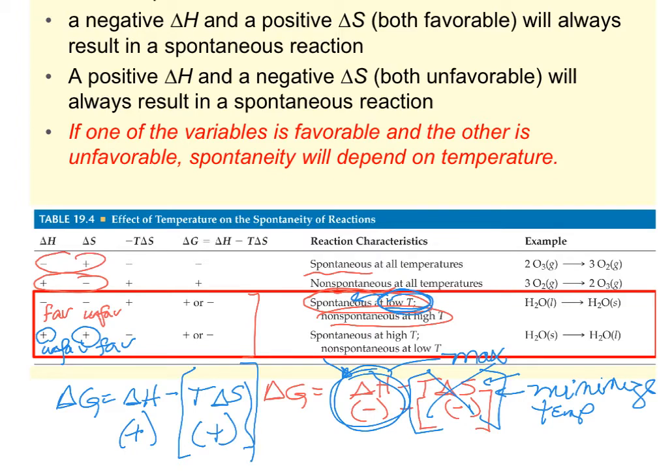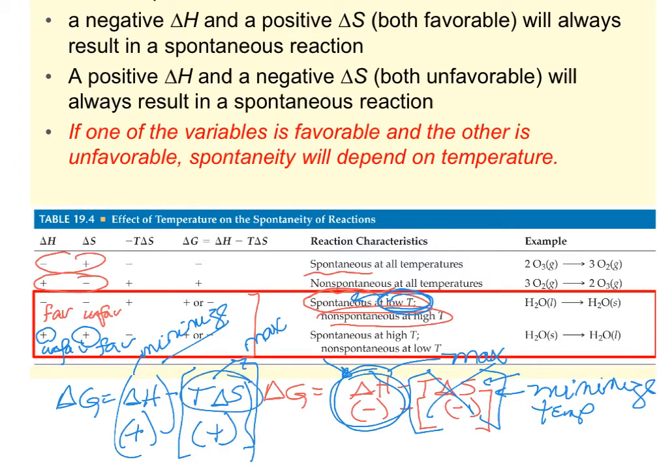Okay, and again, you want to minimize the unfavorable portion of the formula if you're trying to get spontaneity, right? And you want to maximize the importance of the favorable.